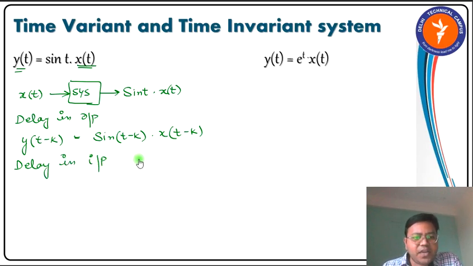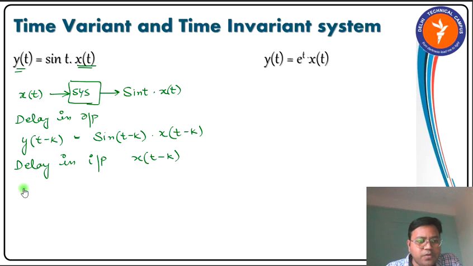Instead of x t, now I am feeding x of t minus k. When I feed x of t minus k here, this system will multiply the input signal with sine t only.